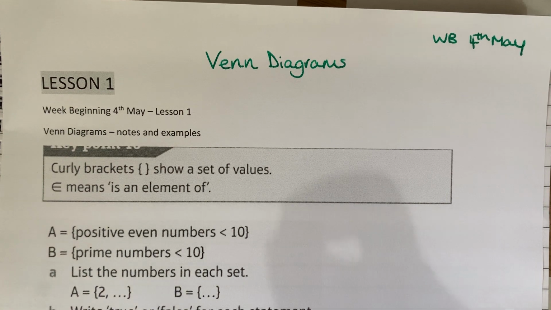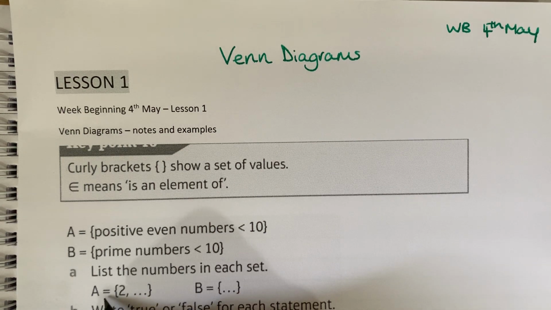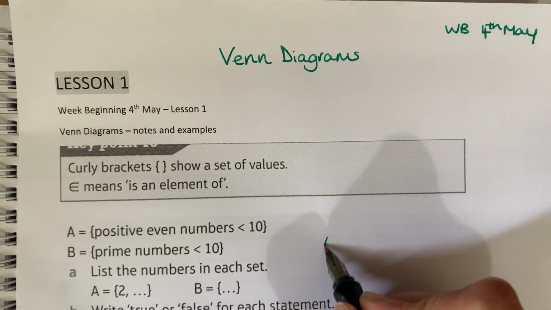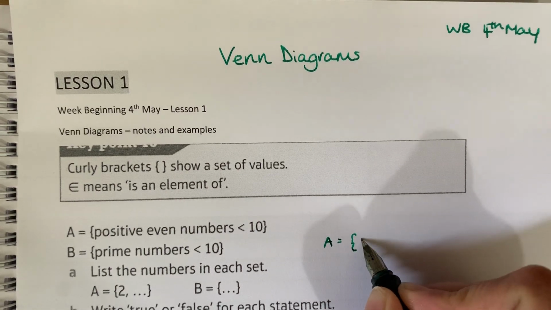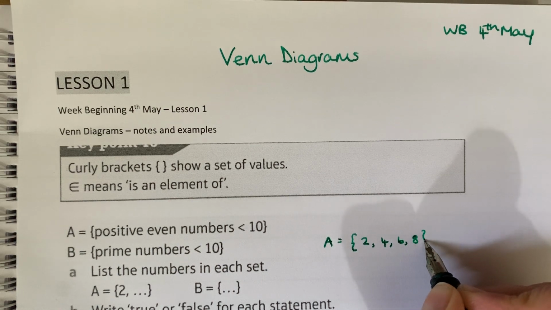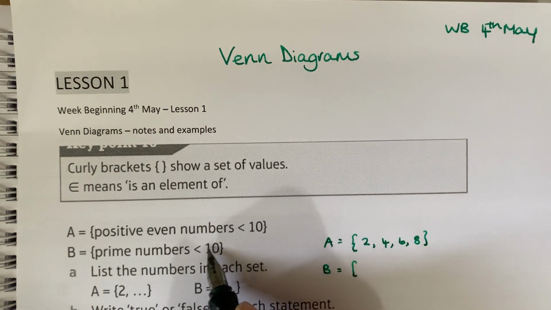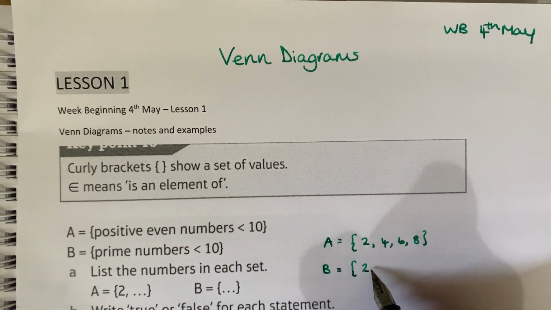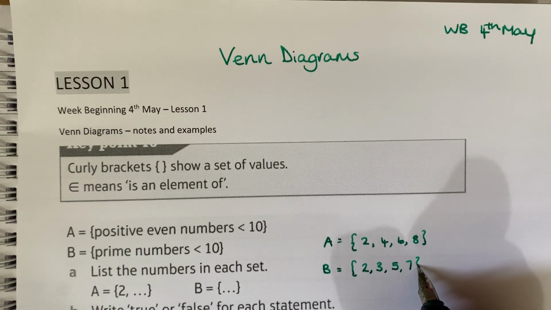So in A, the numbers would be 2, 4, 6 and 8. And in B we wanted all the numbers that were prime and less than 10, so that would be 2, 3, 5, 7.